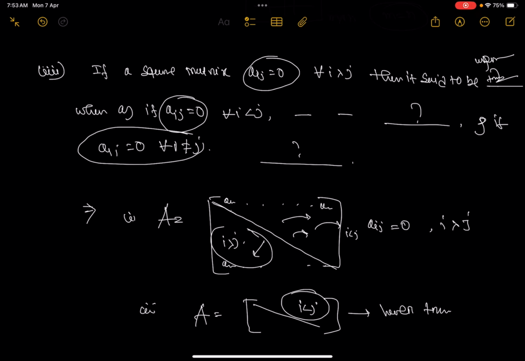For the third condition, we said that A of ij equal to 0 for all i not equal to j: for i less than j it is 0, and for i greater than j it is 0. But for the diagonal elements there is no restriction; at least one is not 0, or none of them are 0. Then this is called a diagonal matrix.